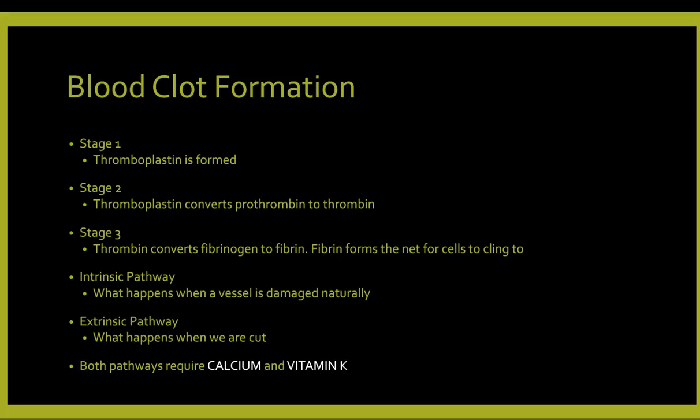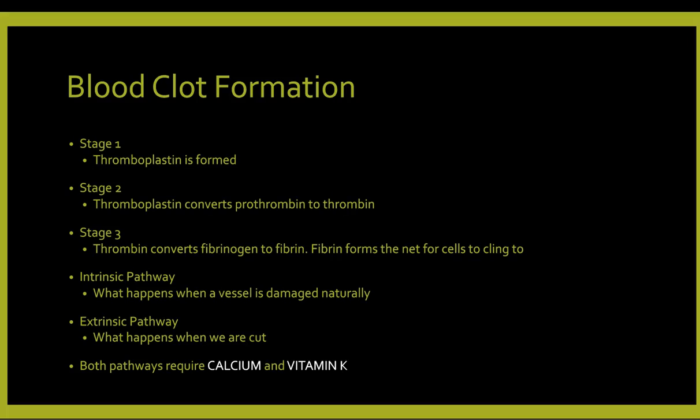All right, so let's do a quick review of how blood clots form. Stage 1 is that thromboplastin is formed. Thromboplastin then converts prothrombin to thrombin. I'm sorry, thromboplastin is not a precursor.